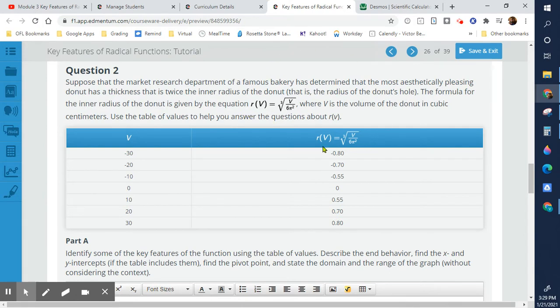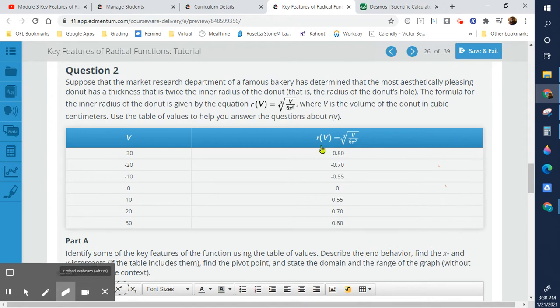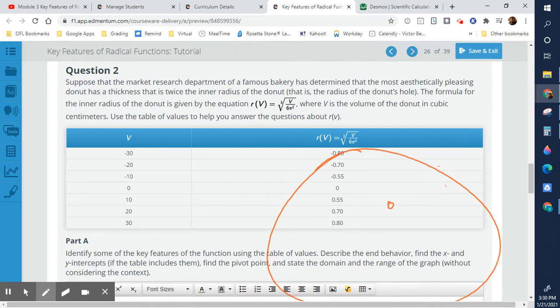So basically what they're saying here is there's a specific way to make this donut, all of this volume, be involved with this inside radius, mainly because they're saying that it looks better. So they're basically saying you don't want a tiny radius for a giant donut.